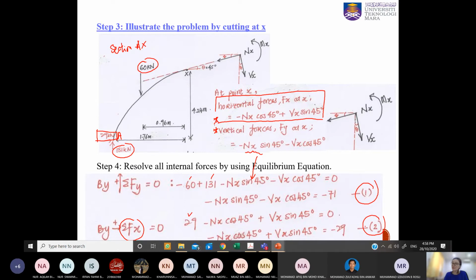What you can do is just solve the two simultaneous equations. So probably I give you 2 minutes to solve for the Nx and Vx. I will show you the answer after 2 minutes.